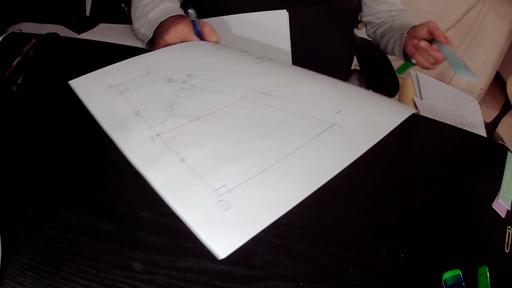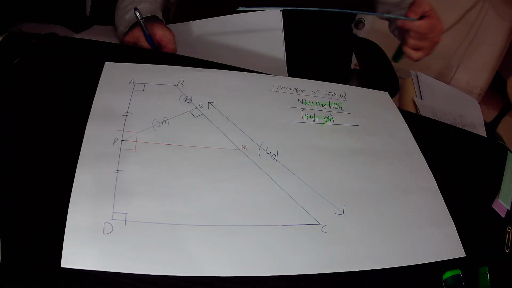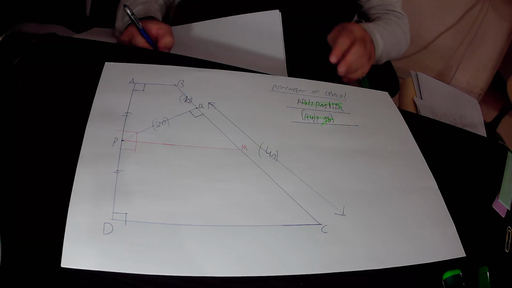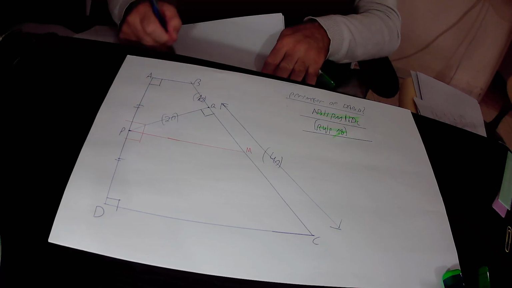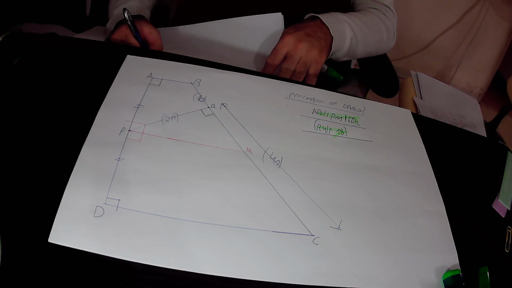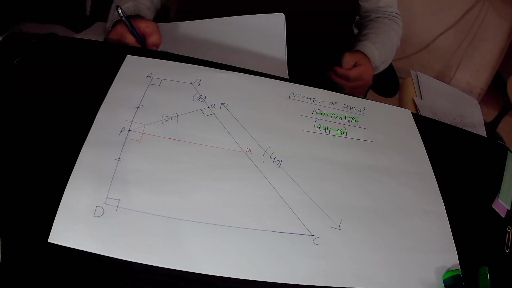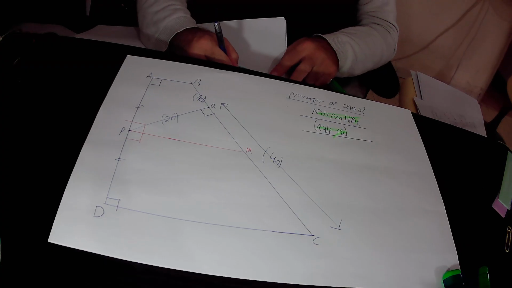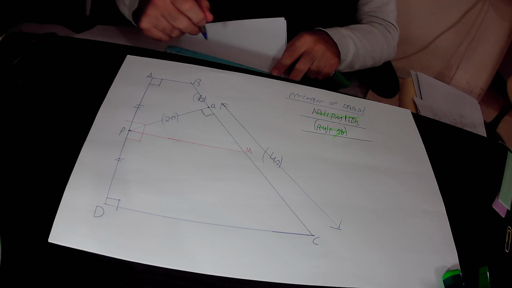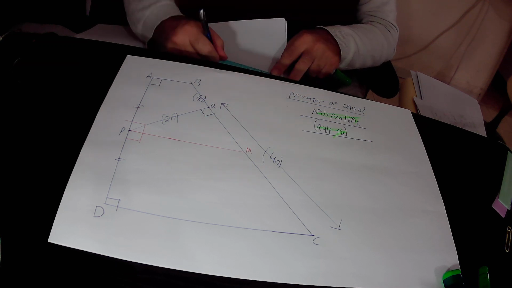So according to the basic proportionality theorem, a special relationship exists between AD and BC. The relationship is as follows: AP over PD equals BM over MC.